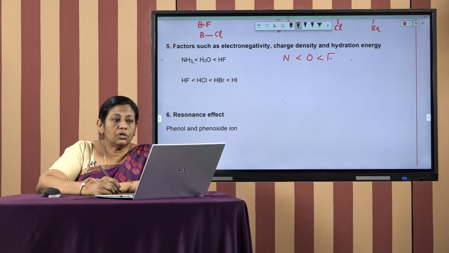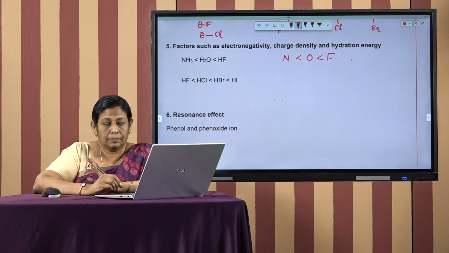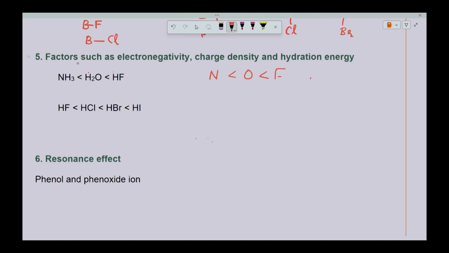When the electronegativity of the hydrides increases, what happens to the acidic character? The acidic nature increases, because HF is highly acidic. Ammonia, you can see, is basic, and water you can call amphoteric.